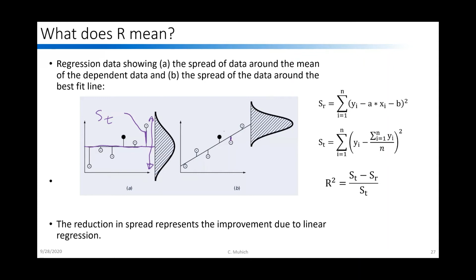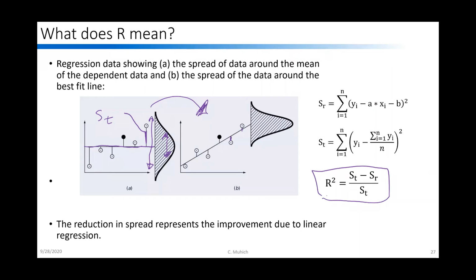If I then fit the line, I can calculate how much error there is on each data point. That's that S_r. So I'm really taking that percent error, how much of this variance can I eliminate? So when I go from here to here, how much of that variability goes away? How much do we sharpen that spread? How much can we squish it down? And it's all put together in this value r squared.